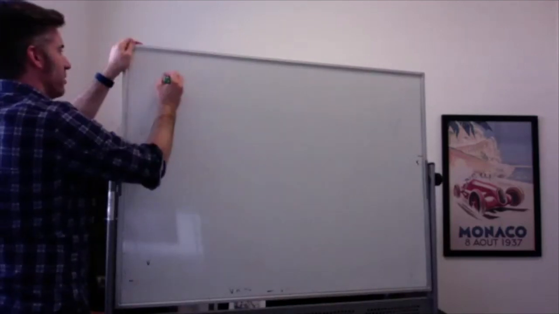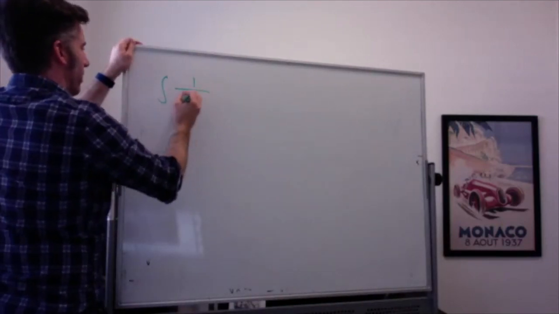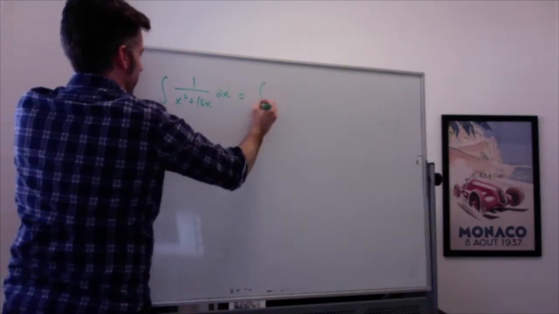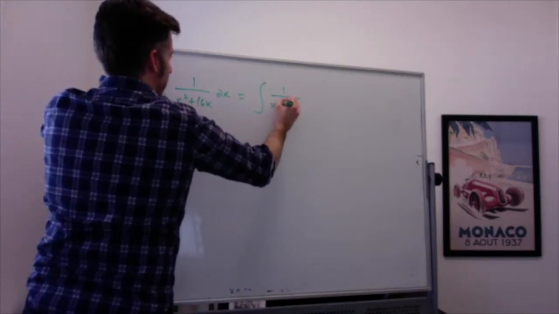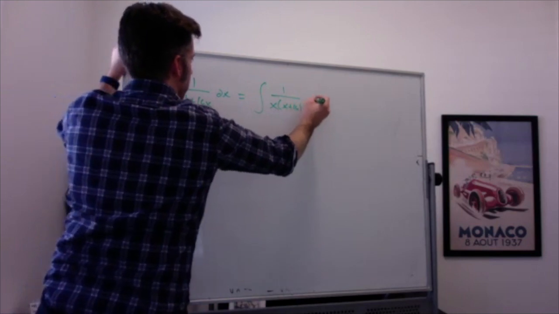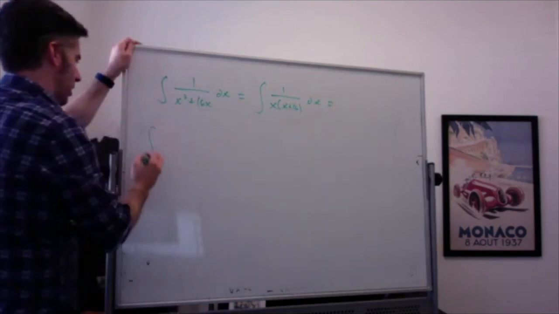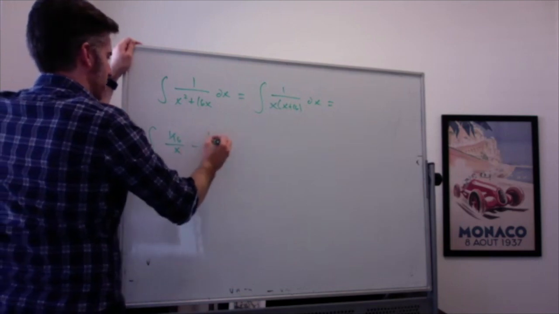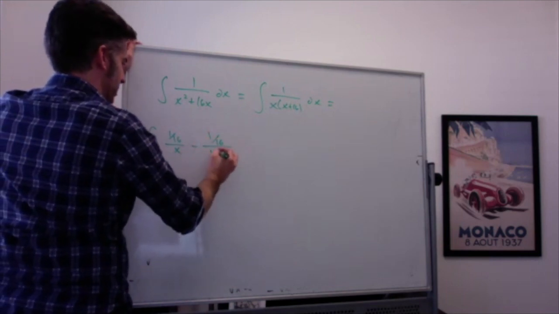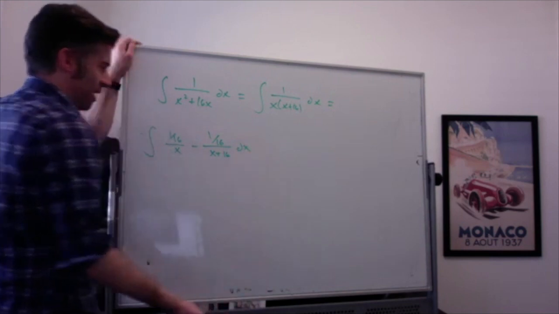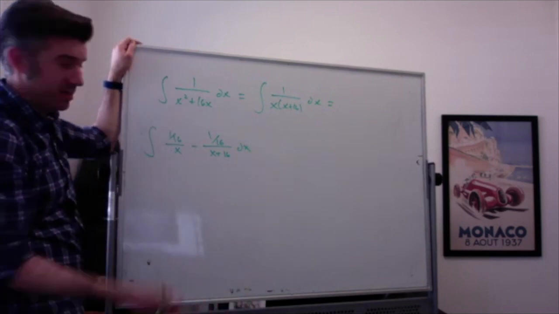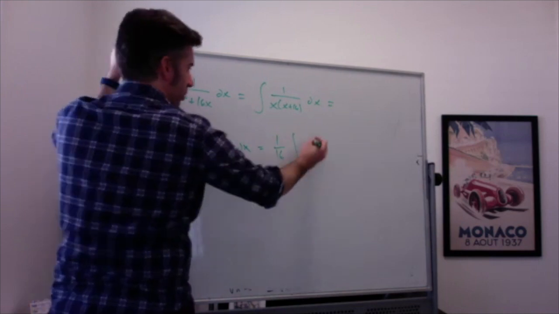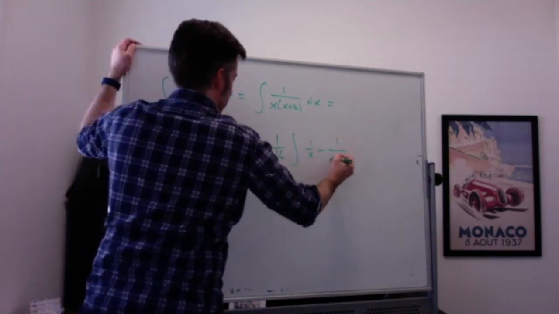So I want to find the integral of 1 over x squared plus 16x. I'm going to write it as the integral of 1 over x times x plus 16. And then as the integral of 1 over 16 over x minus 1 over 16 over x plus 16. And I would probably factor out the 1/16 since they're the same. So it's the integral of 1 over x minus 1 over x plus 16.